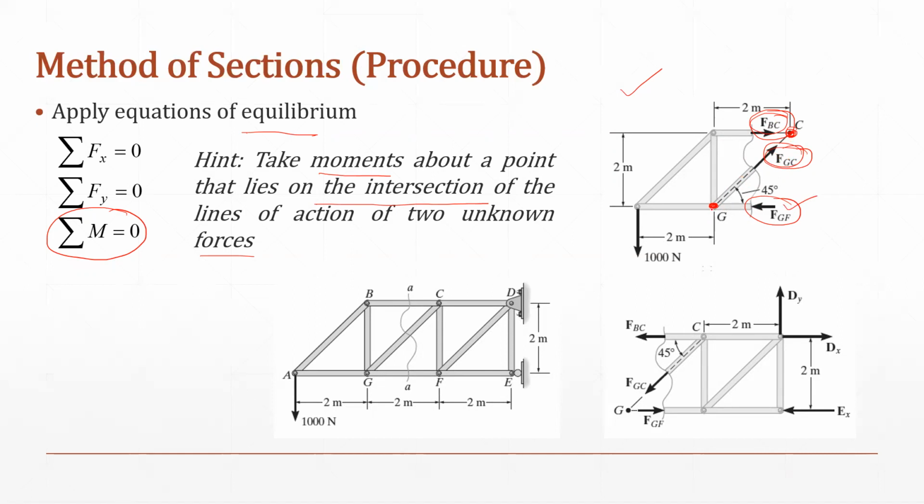So whether we take moment at G or C, we will be able to find the force in one of the members. If we take moment about some other point, then we won't be able to calculate the force in the member directly. That is the hint for the point to be considered for the moment.